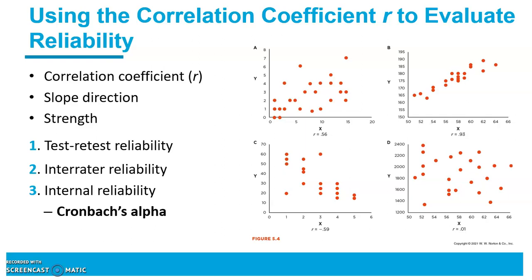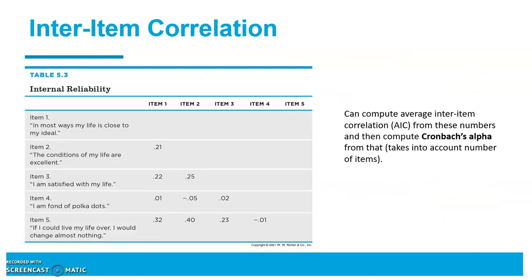Okay. Cronbach's alpha is a number that is often computed on multiple correlation coefficients. So here's an example of what internal reliability looks like.